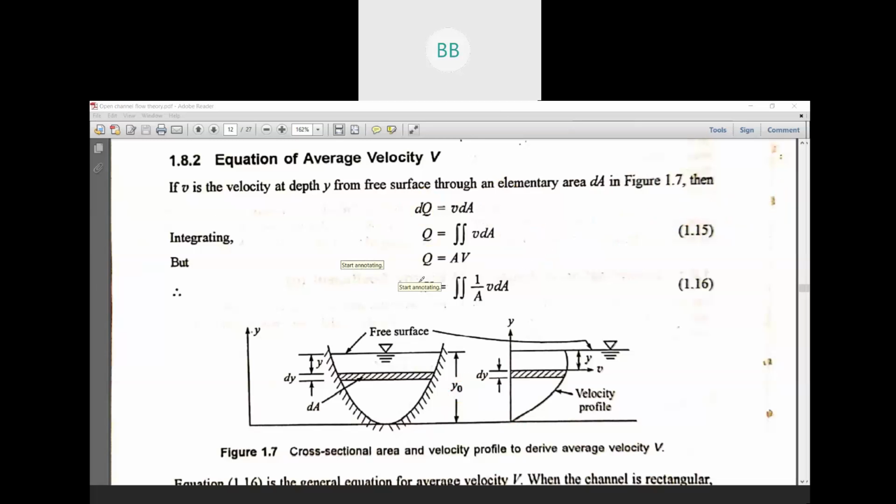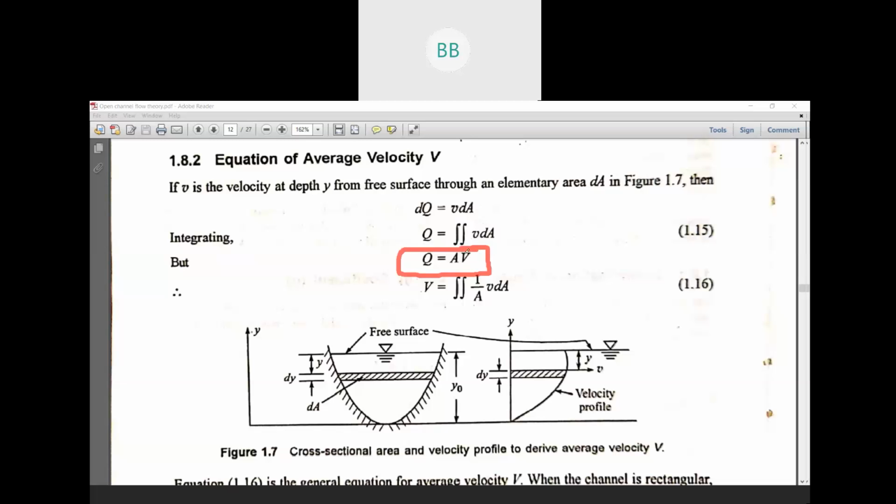If you want to find the discharge without considering that small elementary area, it is very simple. Discharge is equal to area into velocity, Q equal to A into V, where capital V is the average velocity and capital A is the cross-sectional area of the particular section. Our intention is to find the expression for this velocity.